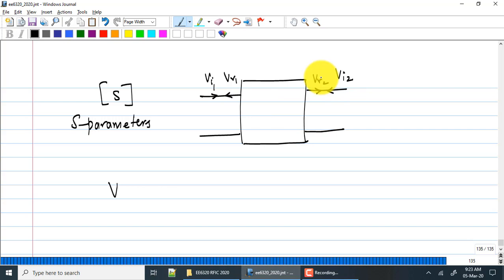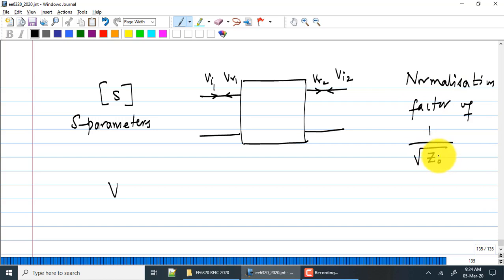And it is customary to renormalize these parameters by using a normalization factor, which I'll call 1 over root Z0.